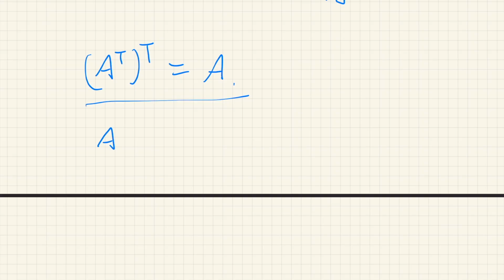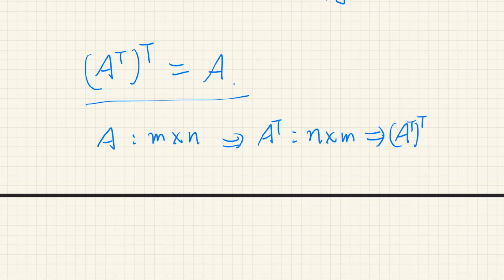If A is an m by n matrix, then A transpose is an n by m matrix. If we take the transpose of that, we swap the rows and columns, so it should be an m by n matrix. So their sizes are the same.